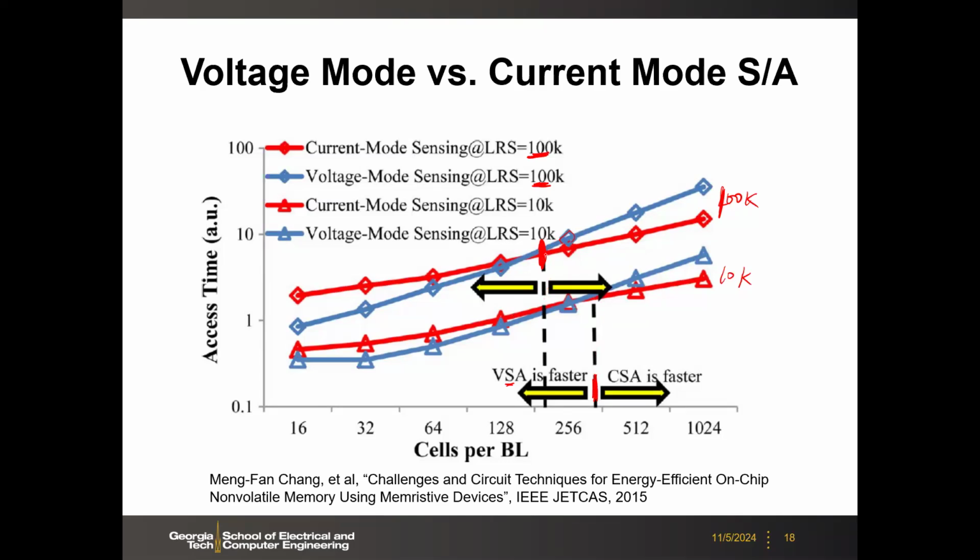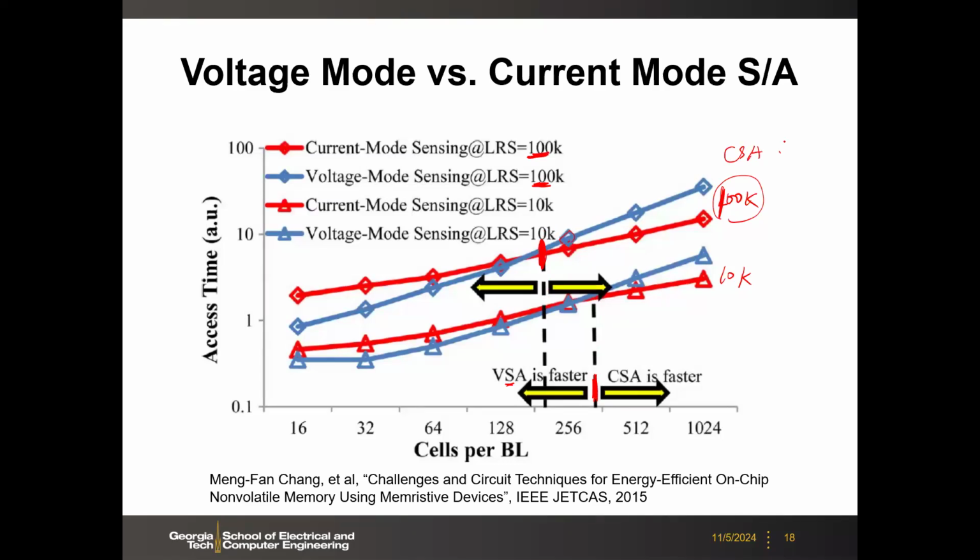But in general, to design a large array, especially with high resistance or small current, then the CSA current mode will be better.